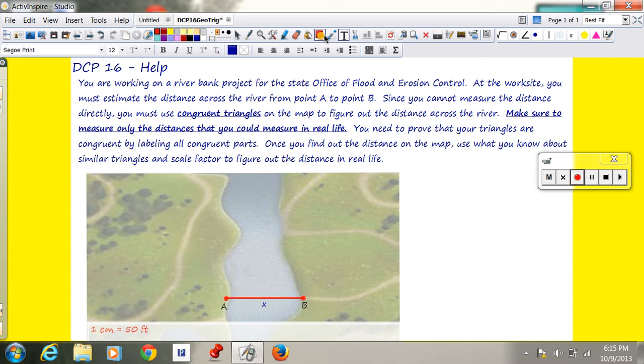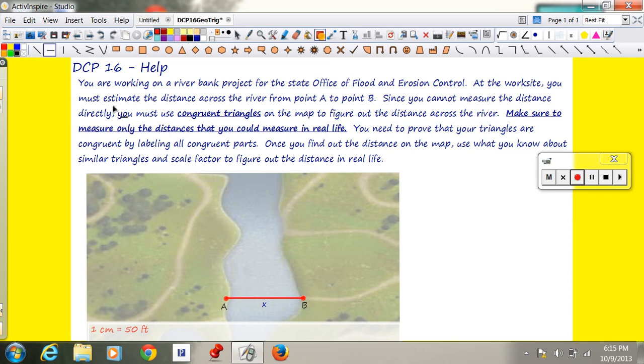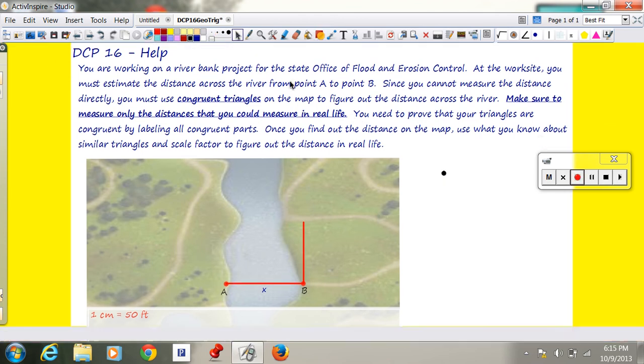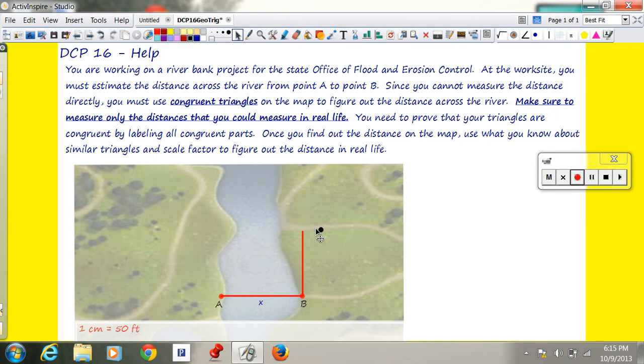So what I'm going to do is draw a line that is, I don't know, you would probably make it like 2 centimeters, I'm guessing. Something easy to break in half. You want to make a distance here that would be easy to cut in half, because what you really need is a midpoint.